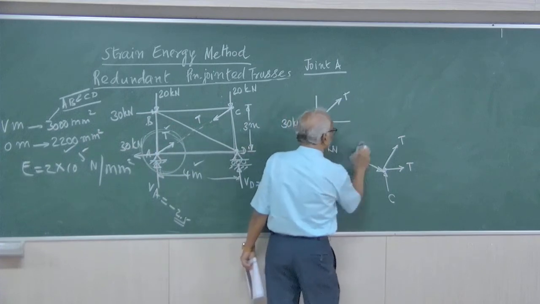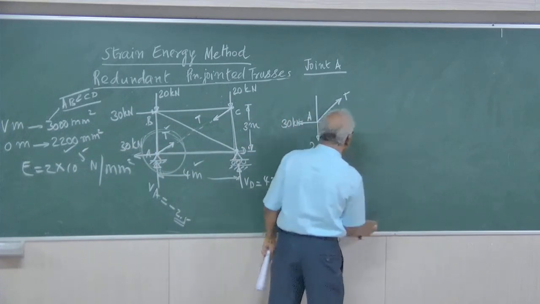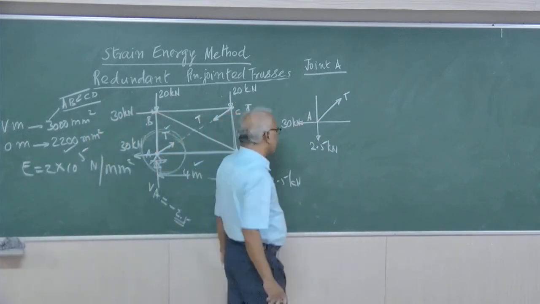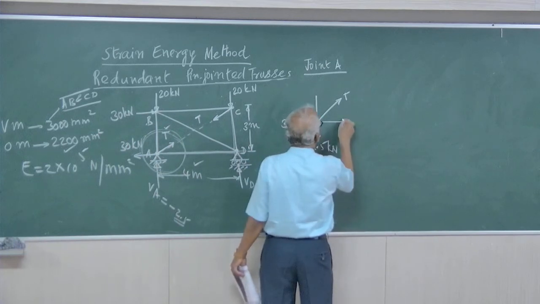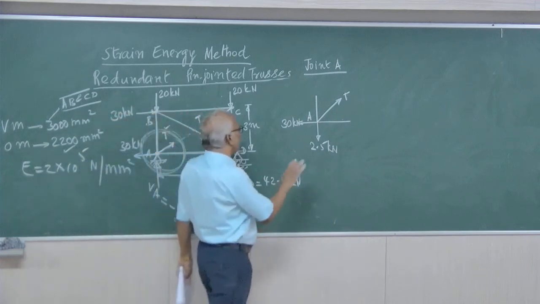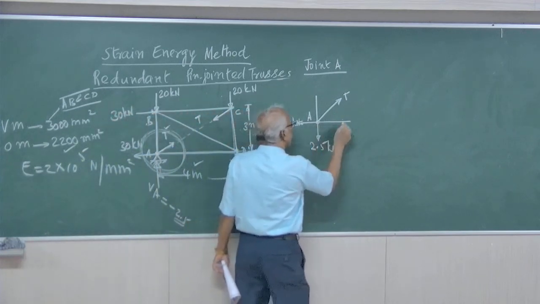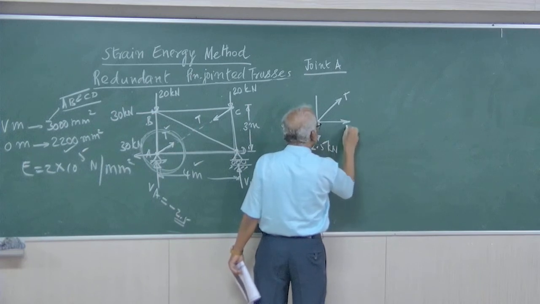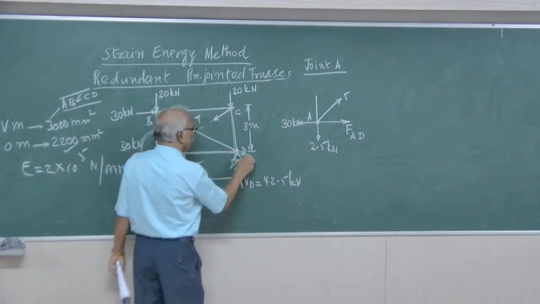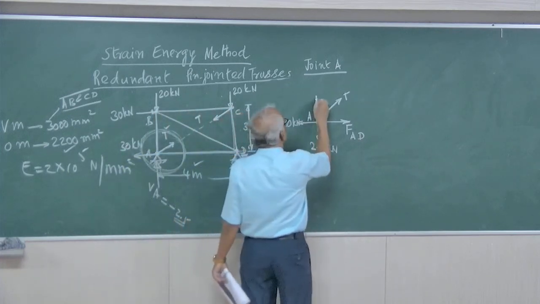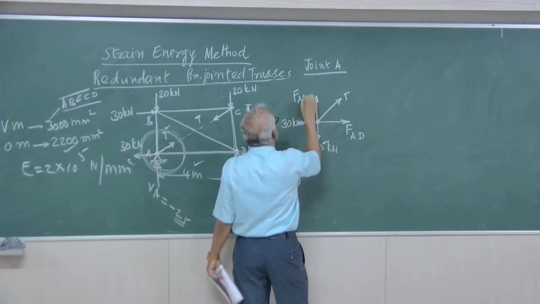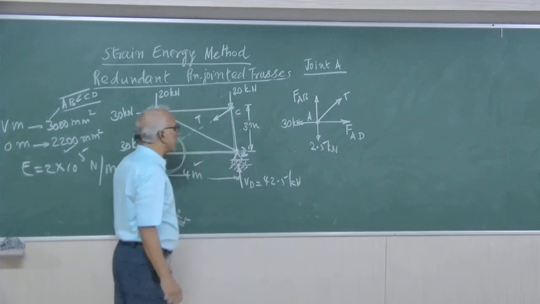Initially we assume all the members in tension, because we do not know which is under compression and which is under tension. Even if it is known, better you mark this as tension, because you are marking the details around the joint. So, away from the joint. This is F_AD, because this is member AD. This also you mark as tension, because we do not know. So this is F_AB. Like this, you mark the details.